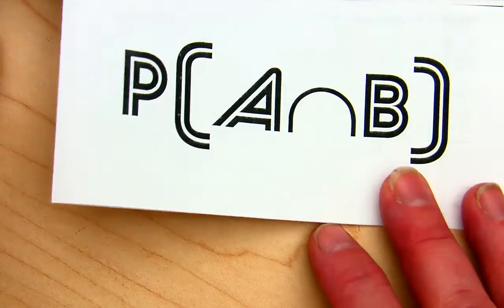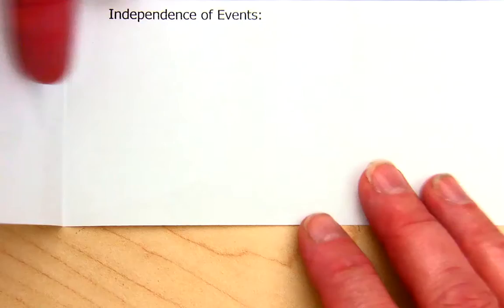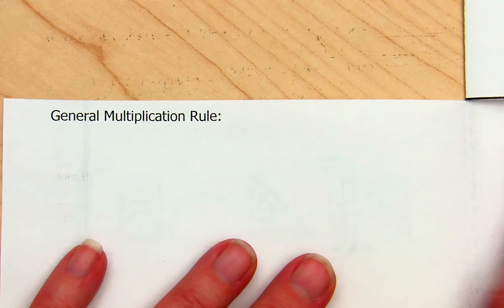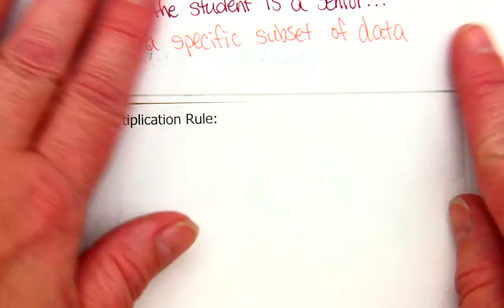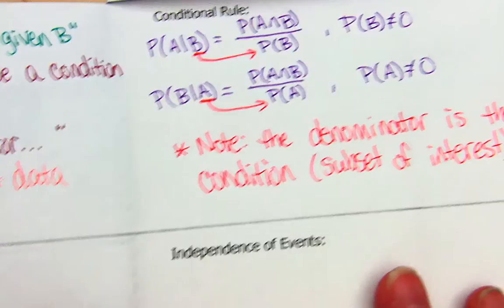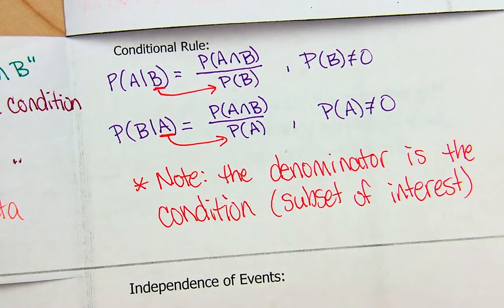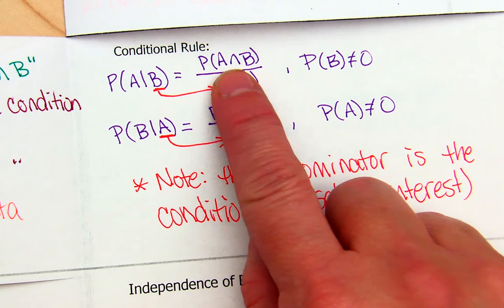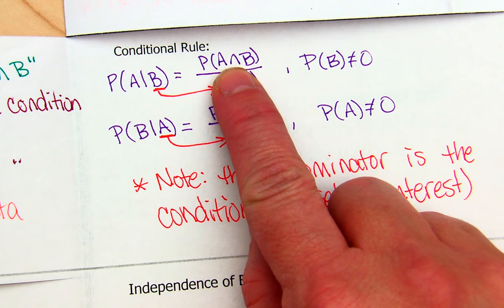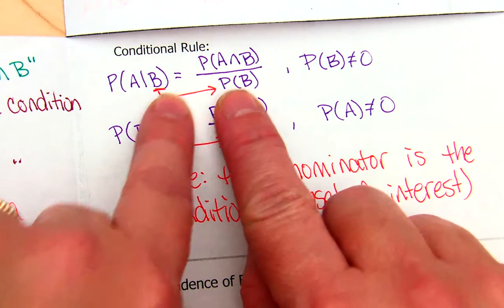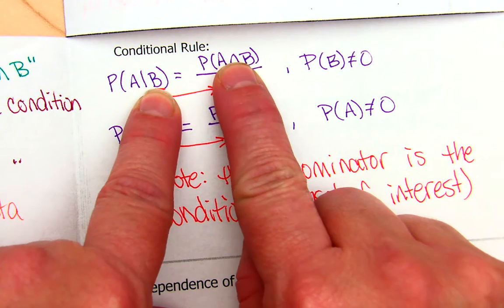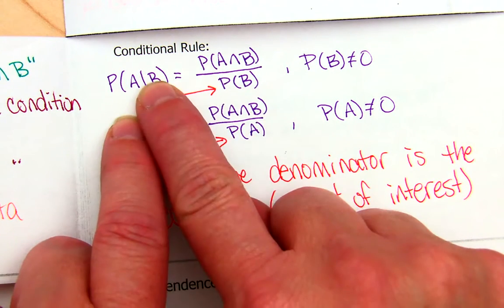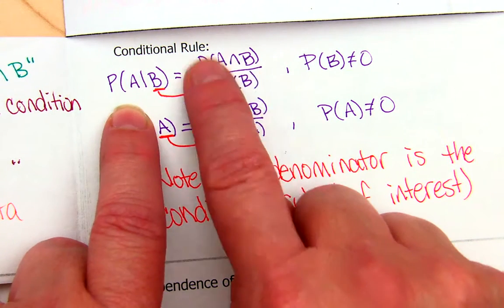Okay, let's look at the bottom part. Now this one, we get our general multiplication rule. This comes straight from our conditional. So if I were looking for this probability of A and B, if I know these other two things, I can find that numerator by just multiplying by the denominator to the other side. That would solve for the numerator.